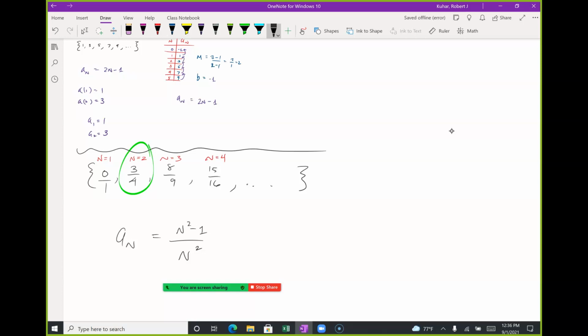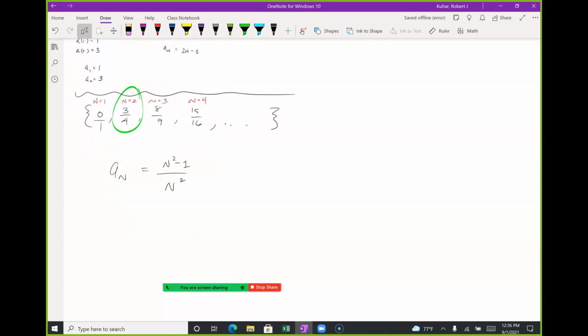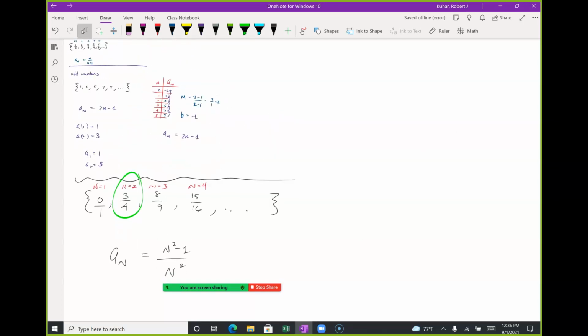It takes some practice, but you're looking for special things. So there are some special ones we want to look out for. But do we agree at least that this works? n squared minus 1 all over n squared, right? So you can clearly see the downstairs 1 squared, 2 squared, 3 squared, 4 squared, and the upstairs is 1 less than that. So there are a few that are special, right?